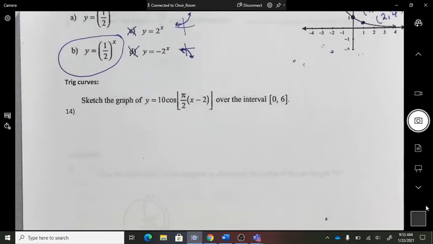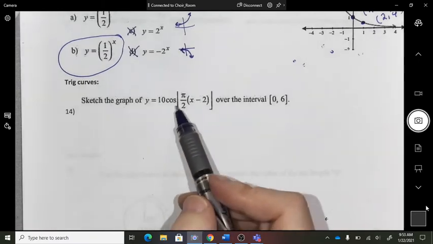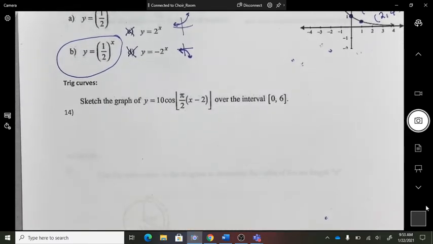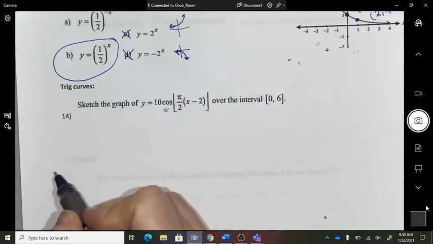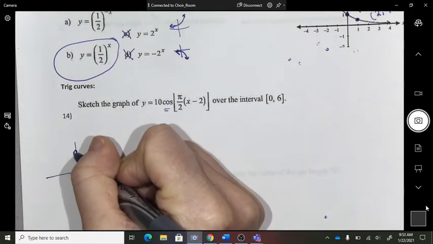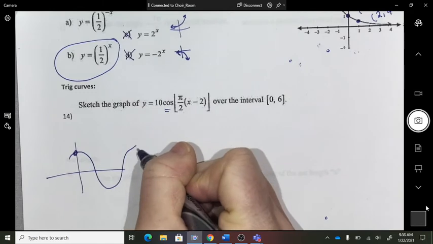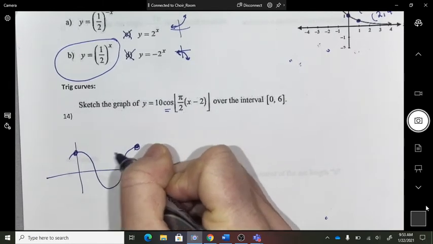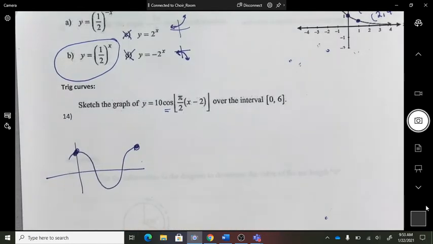Okay. Next, we have a trig curve. So the cos function, can you draw me basic cos? Cos starts at a max, right? Remember that?